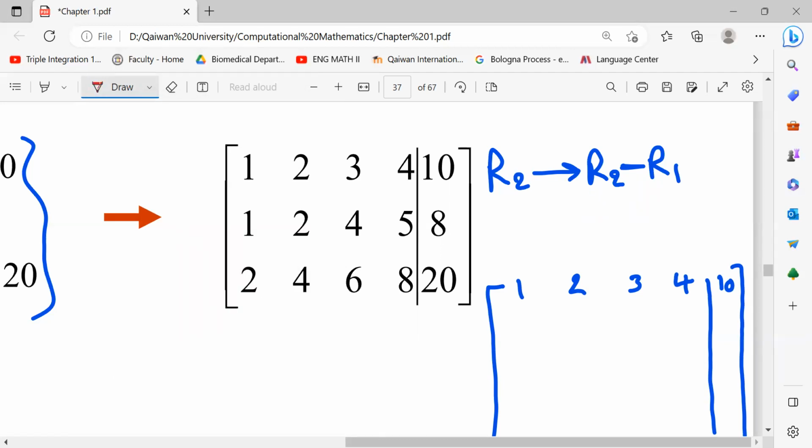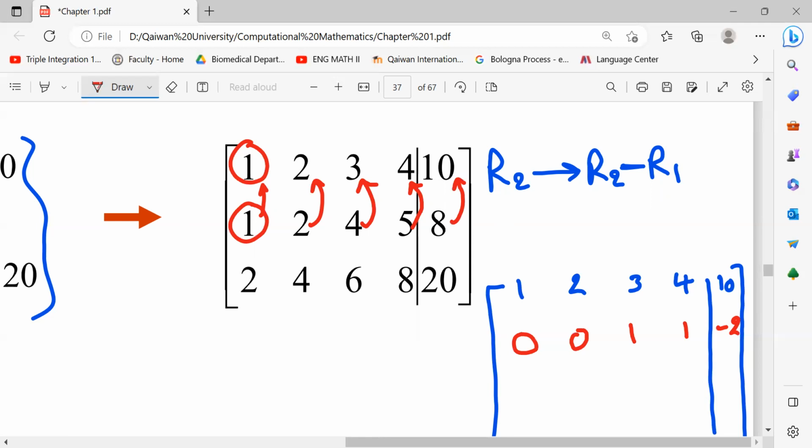Row 2 minus row 1: 1 minus 1 is 0, 2 minus 2 is 0, 4 minus 3 is 1, 5 minus 4 is 1, 8 minus 10 is minus 2. This is the second row.